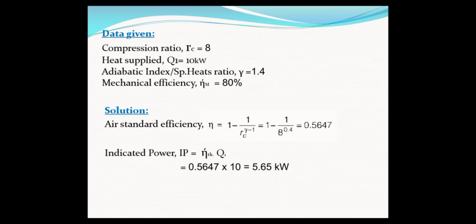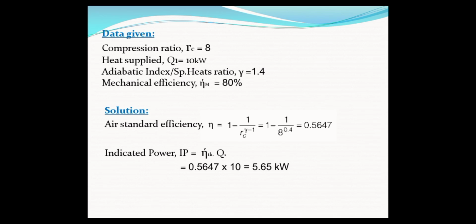So indicated power is equivalent to the thermal efficiency into heat supply. So thermal efficiency is air standard efficiency, that is 0.5647, into 10 kilowatts, which is the heat supply. We will get the internal power developed by the engine, that is indicated power, that is 5.65 kilowatts.